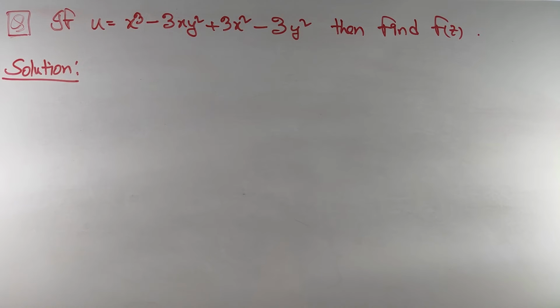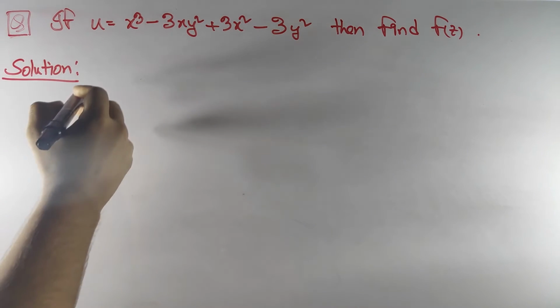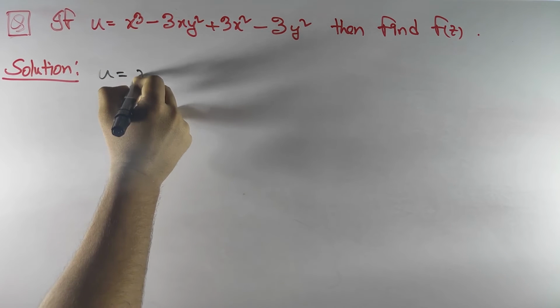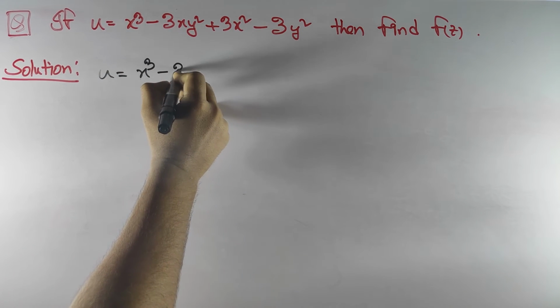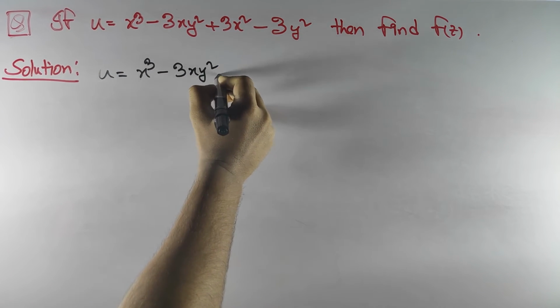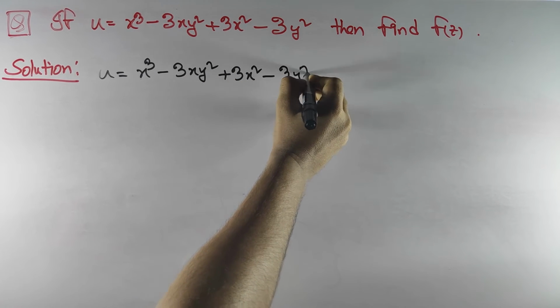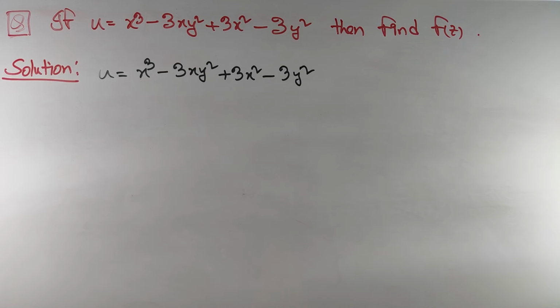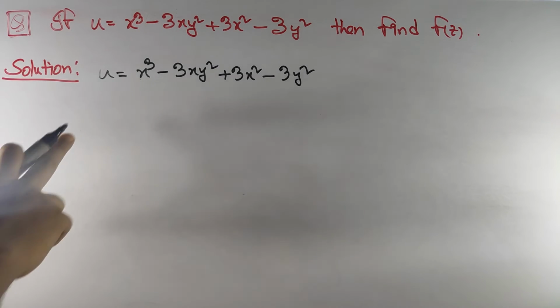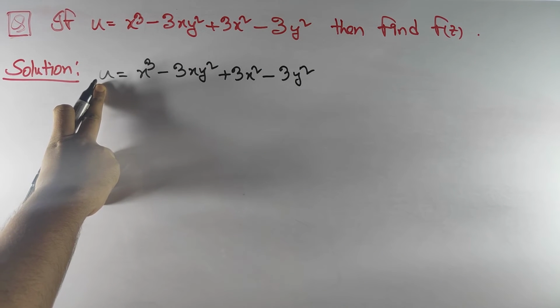Here the question is, if u equals this, then find f(z). So our first step is u equal x cube minus 3xy square plus 3x square minus 3y square. Then we have to find del u del x and del u del y.